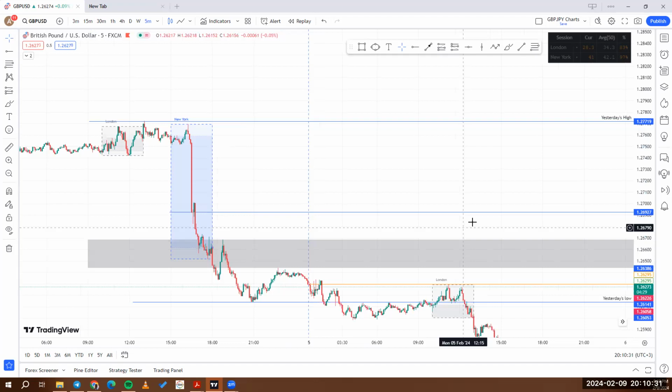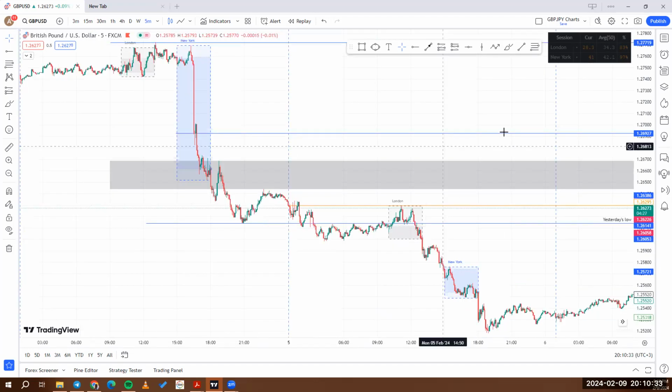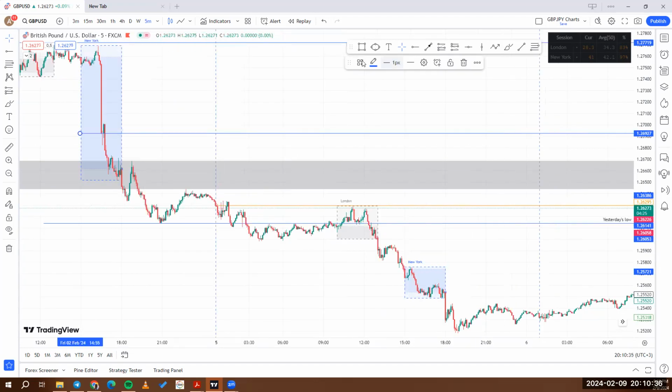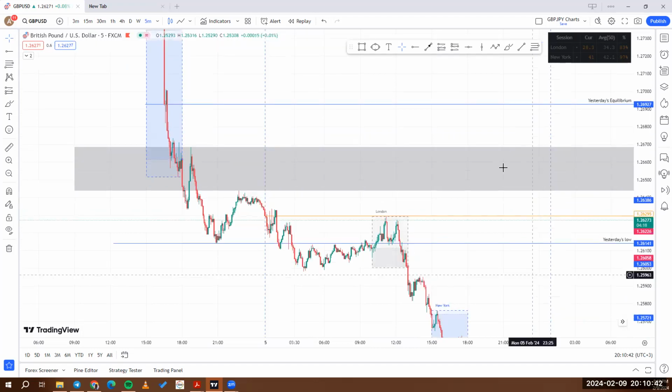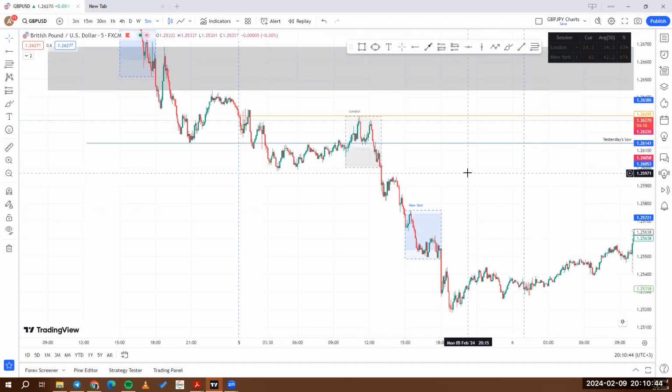Simple. So what I want to do is, for so long as the market is below, high probability setups will be that the market is going to be looking to go bullish.